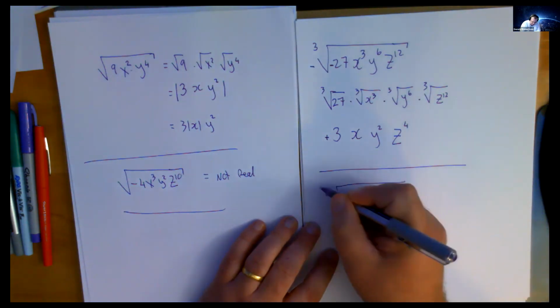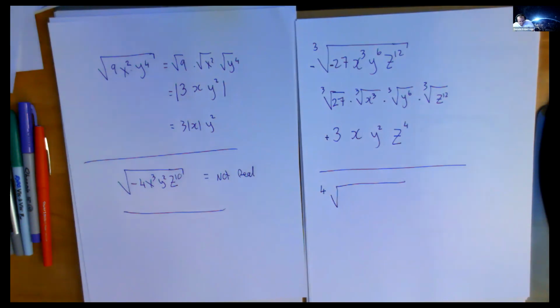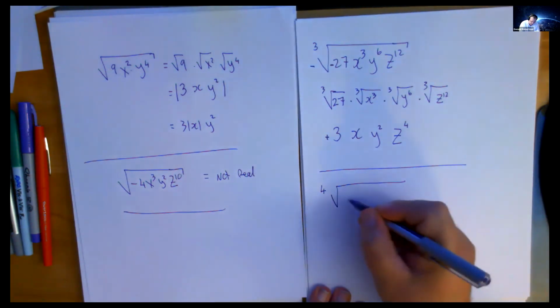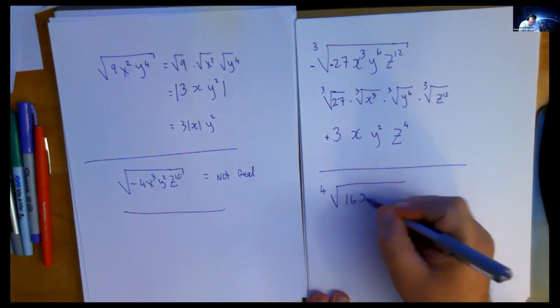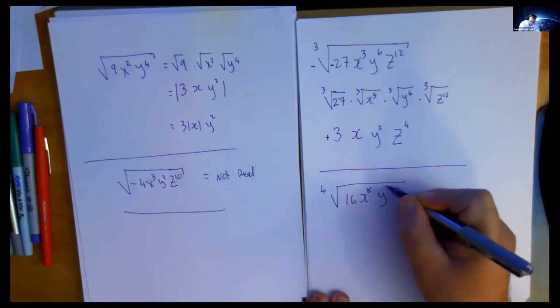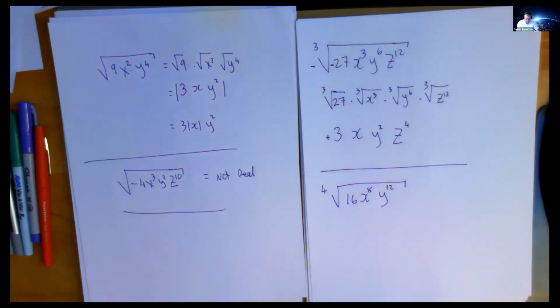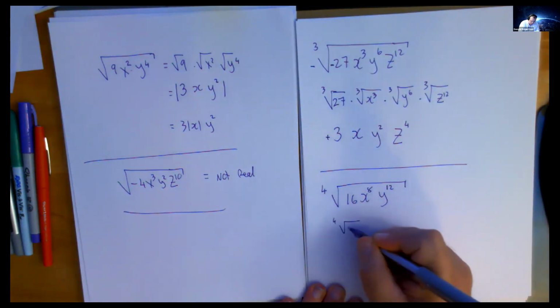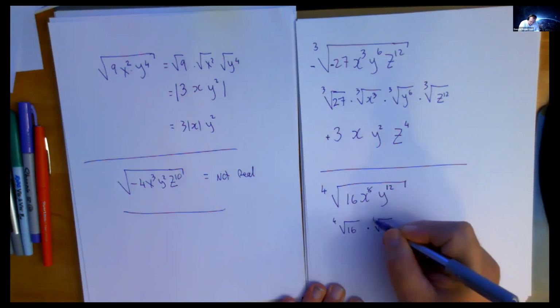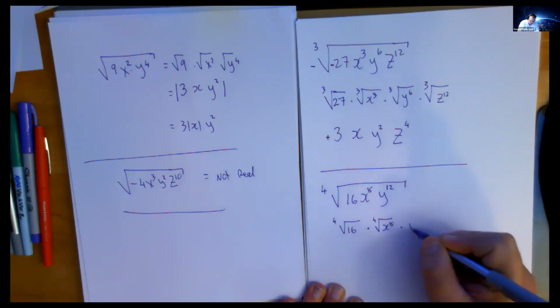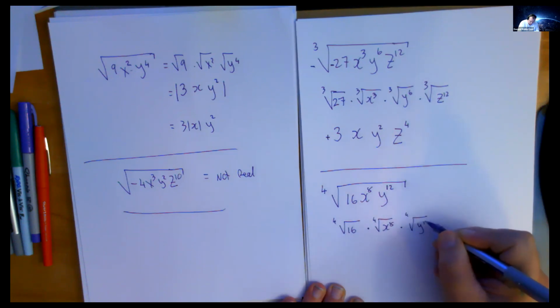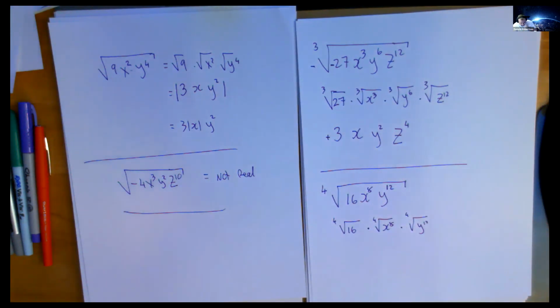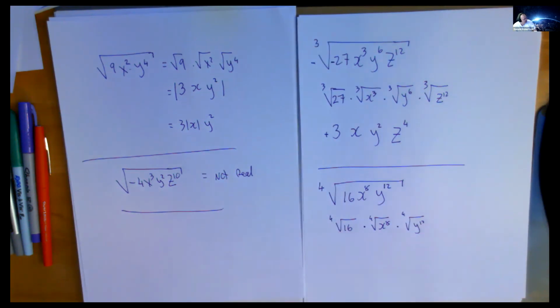Right, the last guy in the set then, 4th root. 2, 4, 8, 16. So I'm picking a nice number there, 16. x to the 8, y to the 12. If you break it into the pieces that it's made up from, it's those guys. Fourth root of 16. It's a nice number, isn't it?